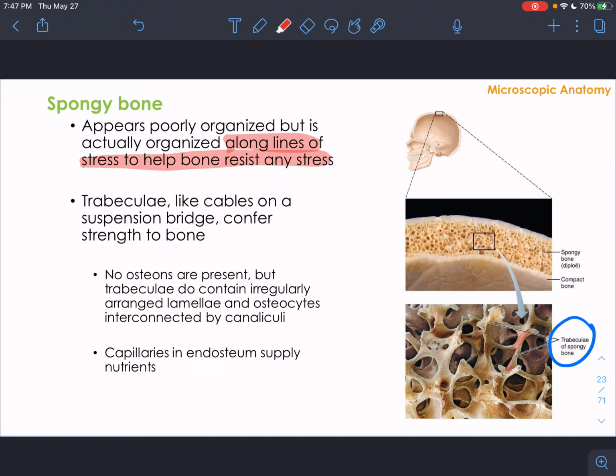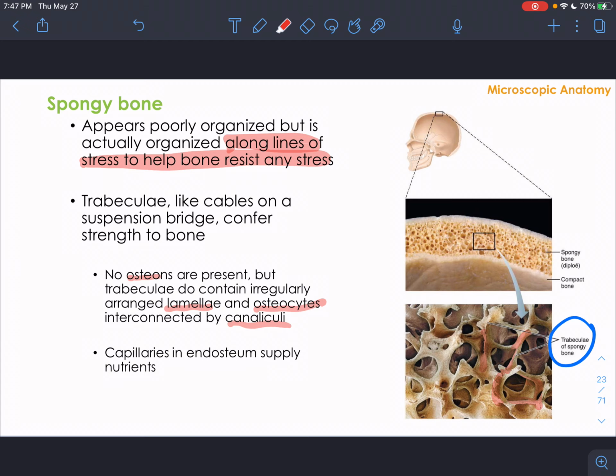All these little trabeculae add extra strength to the bone. There are no osteons, but the trabeculae do technically contain lamellae, just not in those nice pretty concentric rings. There are osteocytes and there's canaliculi, all of that stuff in there, but you normally won't see diagrams of that.